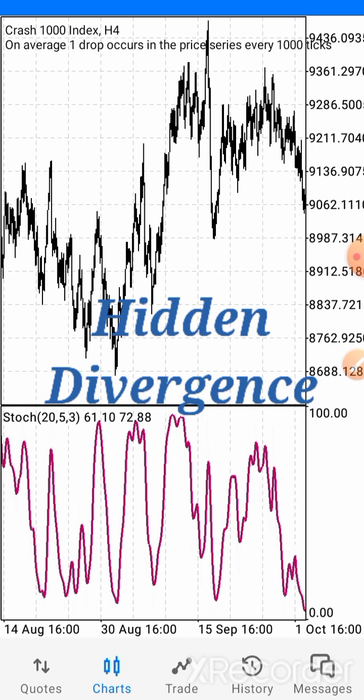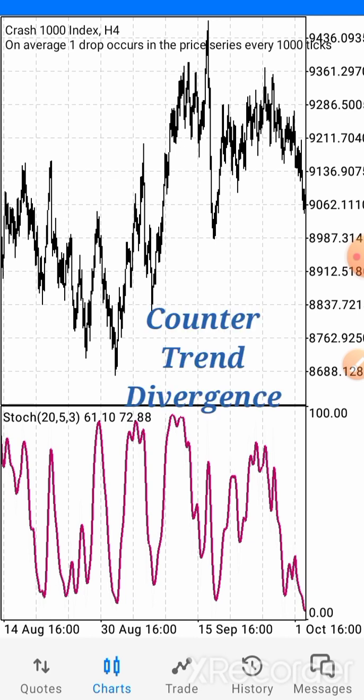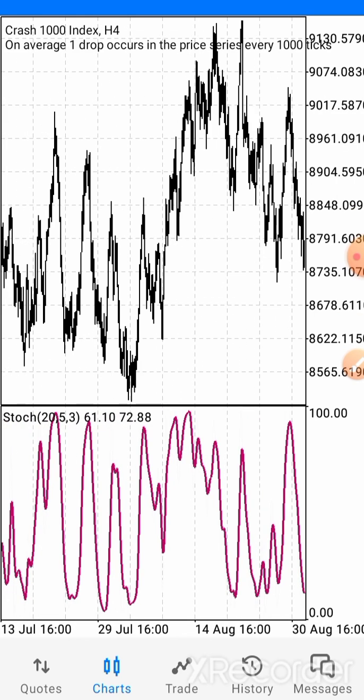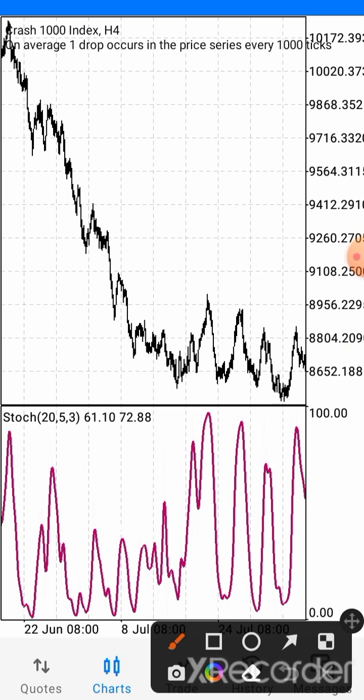In my word, I call the regular divergence the counter trend divergence, in the sense that, let's say, price is doing a lower low and a lower high, lower low, lower high, which is actually the component of a downtrend, okay?